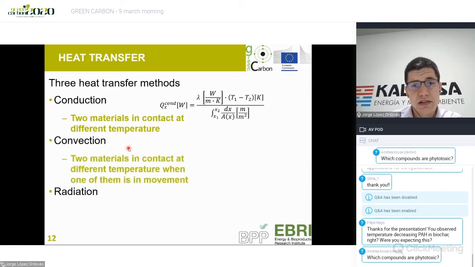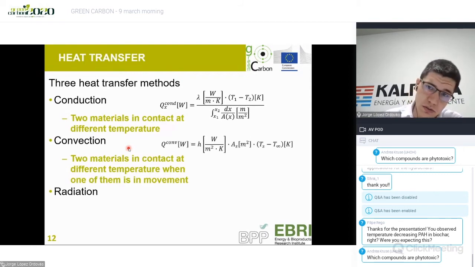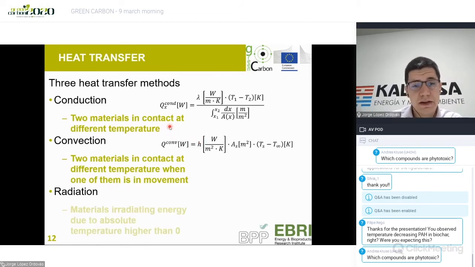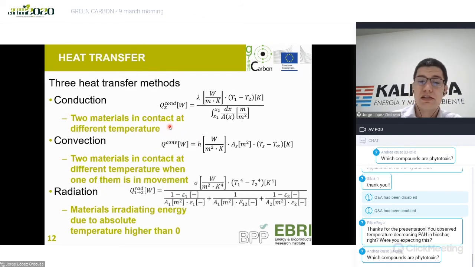We have convection, similar to conduction, but one of the materials is in movement, and whose heat flow is calculated through this equation. In this case, the most difficult part is going to be calculating the convective heat transfer coefficient. And finally, we have radiation, in which materials irradiate energy due to absolute temperature higher than zero. And we need this complex formula.